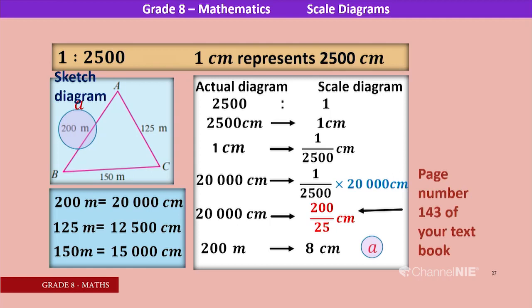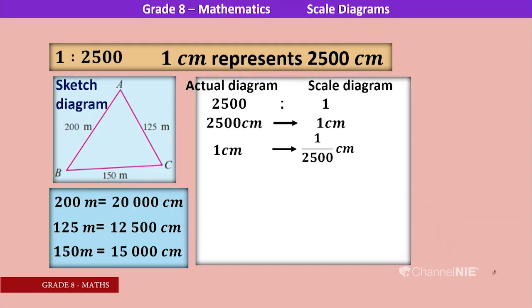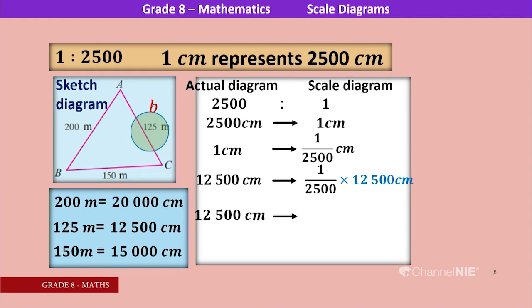Right? To draw this line in the scale diagram, you need 8 centimeter. This is how we obtain. Try to understand it. Right? Next one. Actual diagram, scale diagram, same steps. 2500 is to 1, converting like this, same thing, 125 meter multiplied by 100.